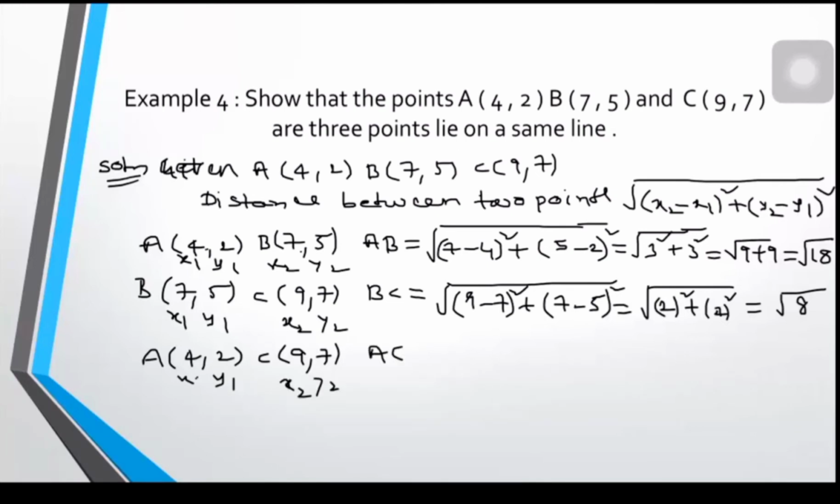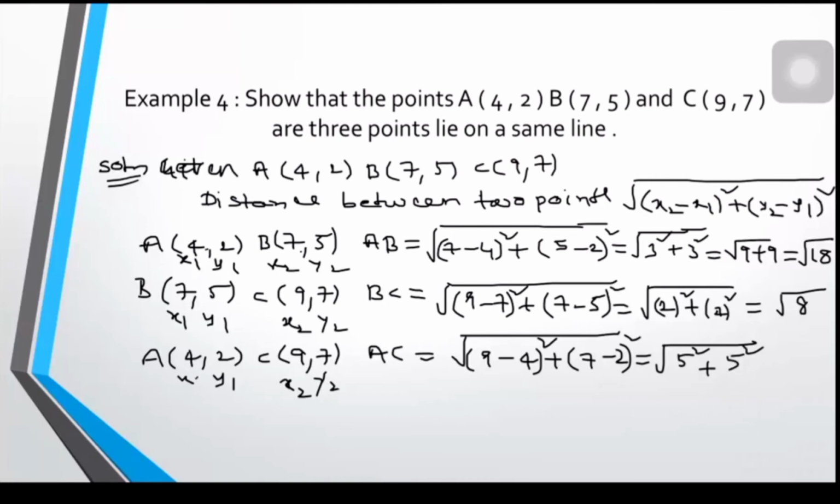AC is equal to root of (x2 minus x1) whole square, which is (9 minus 4) whole square, plus (7 minus 2) whole square. (9 minus 4) whole square is 5 square plus (7 minus 2) whole square is 5 square. So root of 5 square plus 5 square is 25 plus 25 is 50.